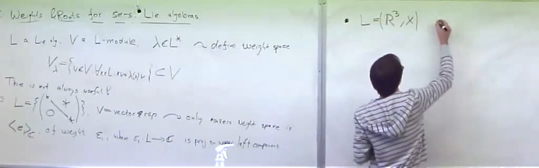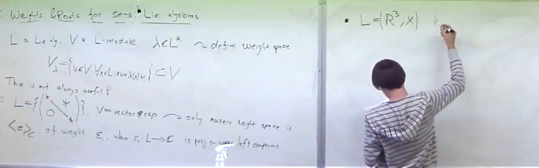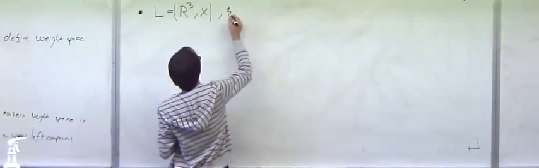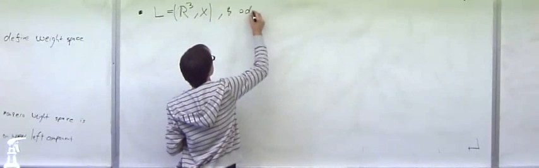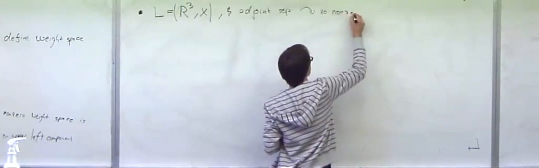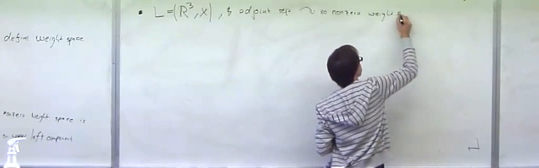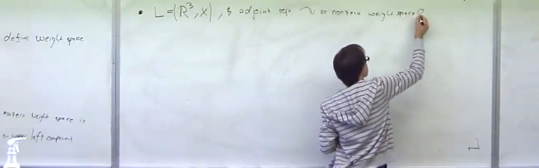Then there is the adjoint representation. Then there is no non-zero weight space at all.